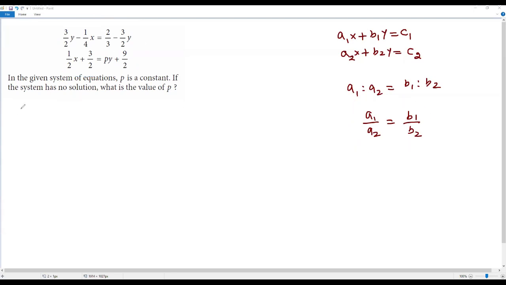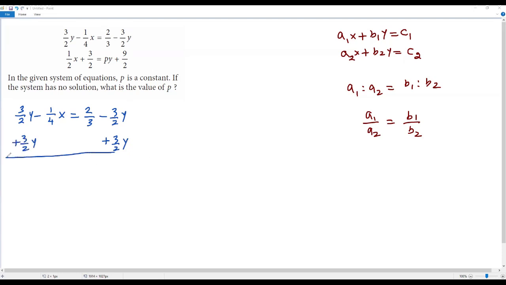Let me take the first equation, that is 3/2 y − 1/4 x = 2/3 − 3/2 y. To write this equation in standard form, we must have x and y on the left side and the constant on the right side. But here we have a y term on the right side. First, let me get rid of this y term. For that, I'm adding 3/2 y to both sides.